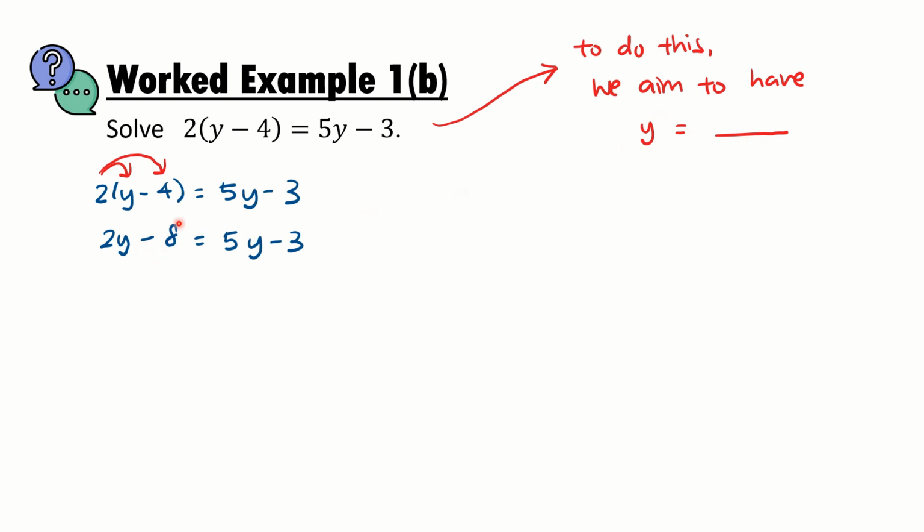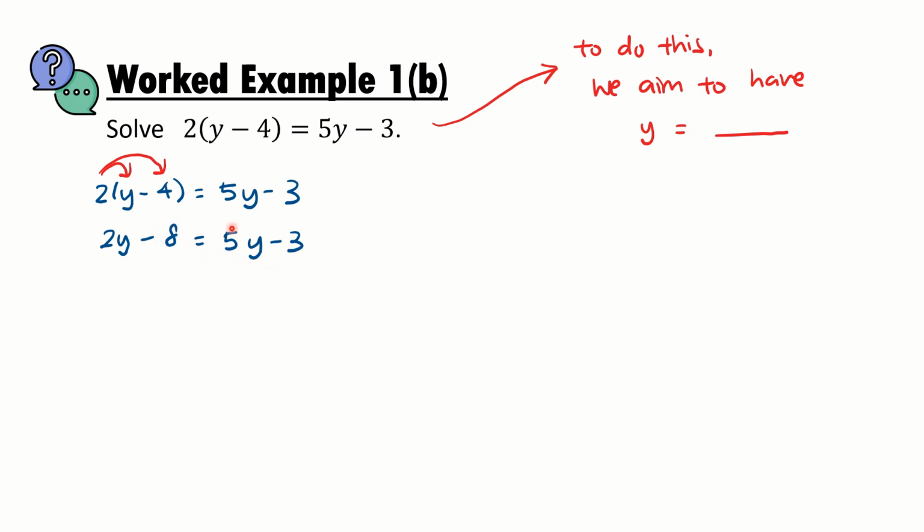So let's get rid of this minus 8 over here first. In order to get rid of this minus 8, we know that minus 8 will be so-called neutralized by a plus 8. By neutralizing, what I mean is that we are achieving a zero pair. So if I add an 8 on the left side of the equation, I will be able to remove the minus 8.